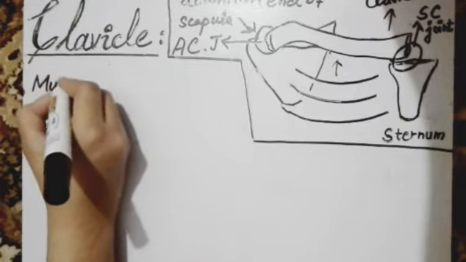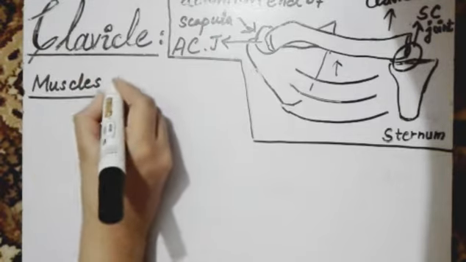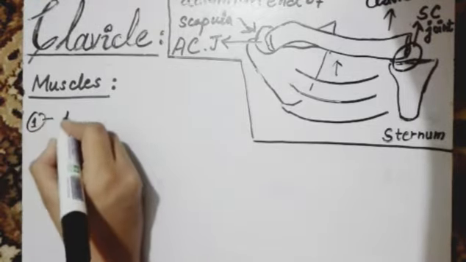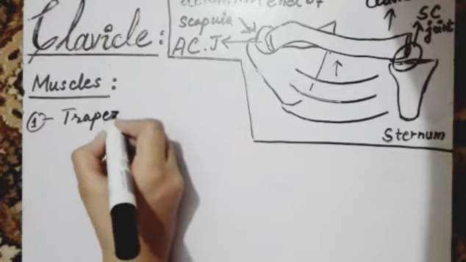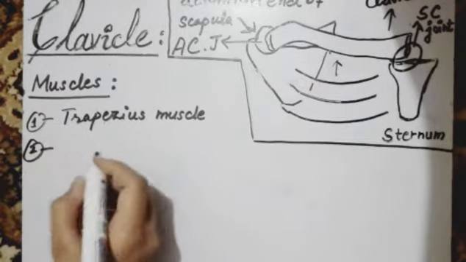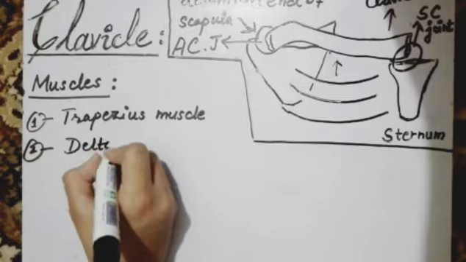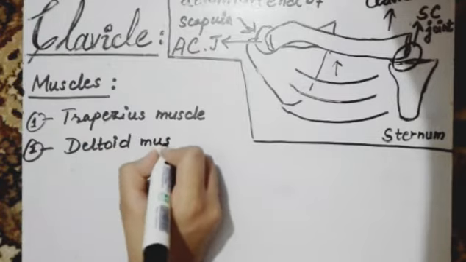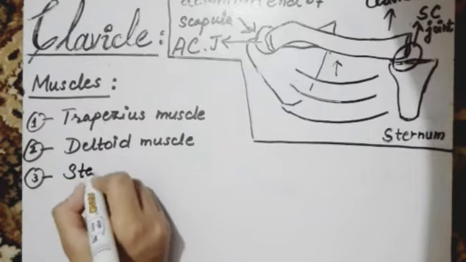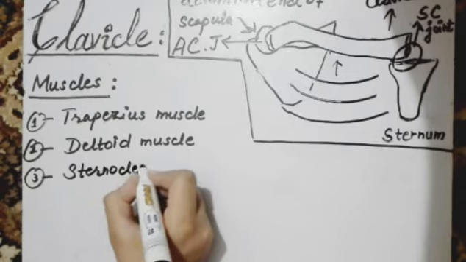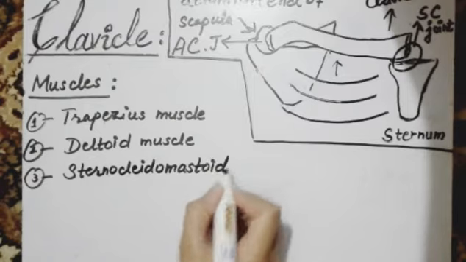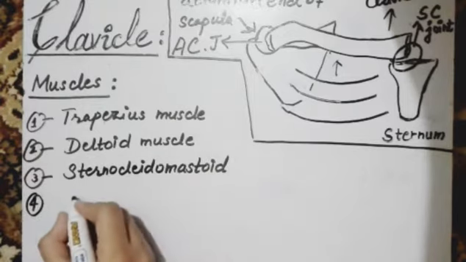Okay, so now moving on to the next point, we'll talk about muscles that attach on the clavicle. There are a total of 5 muscles that attach on the clavicle. The first being the trapezius muscle, the second is the deltoid muscle, the third one is the sternocleidomastoid muscle, and the fourth one is pectoralis major.